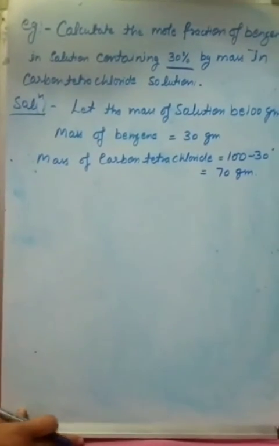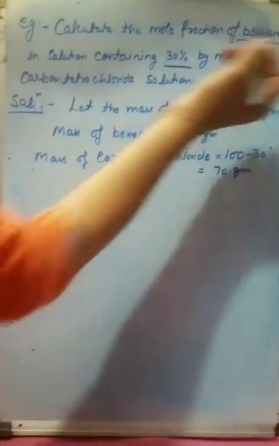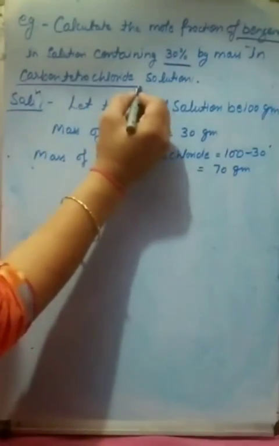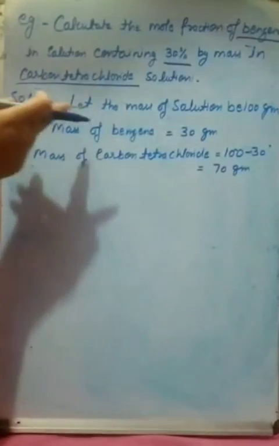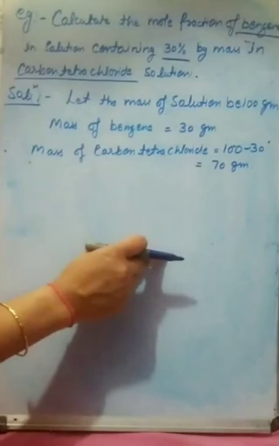So first of all, we calculate the number of moles of benzene and number of moles of carbon tetrachloride and put these values in the mole fraction formula.